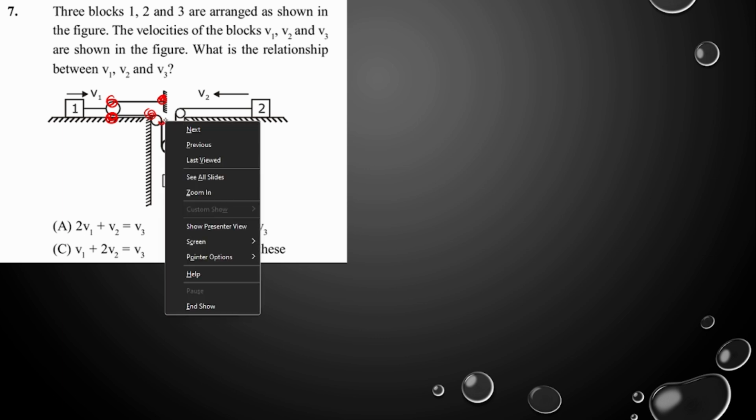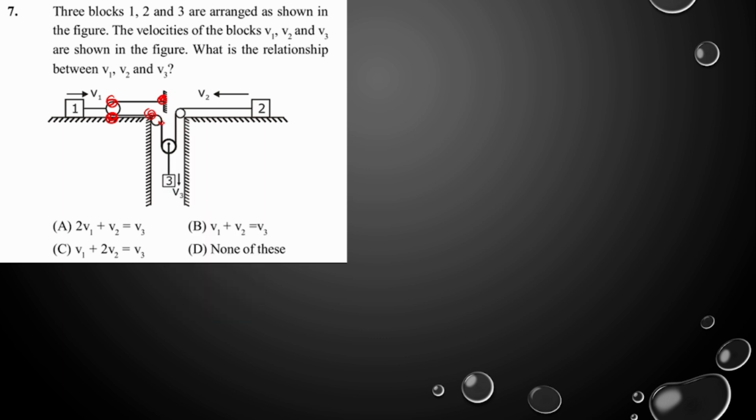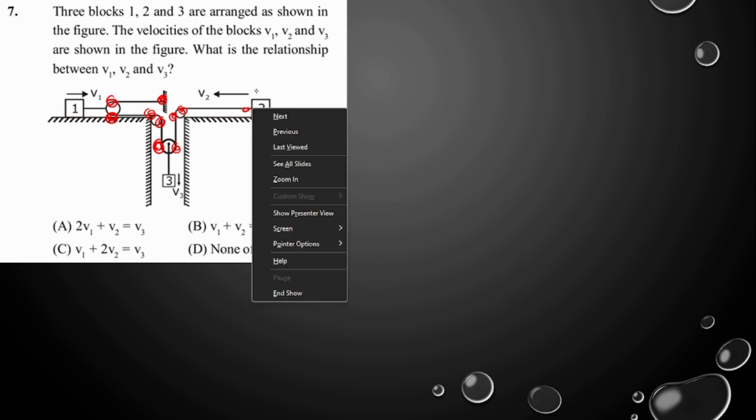We are marking all the points which are connected somewhere. 5, 6, 7, 8, 9, 10. 10 points.